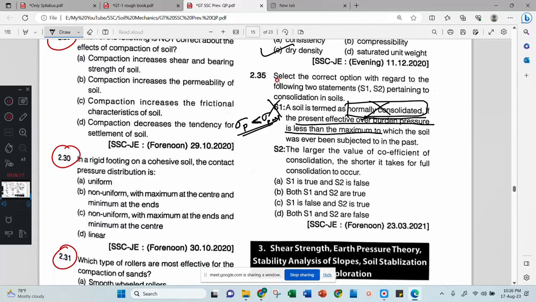The larger the value of coefficient of consolidation, Cv, the shorter it takes for full consolidation to occur. Here they are discussing time. Shorter it takes for full consolidation to occur means time. Cv equals Tv into d squared divided by t.